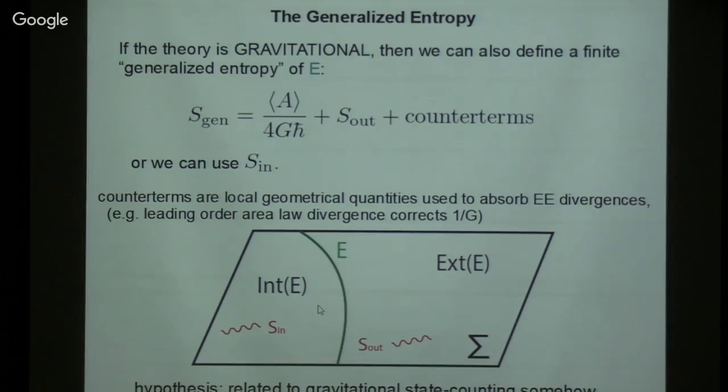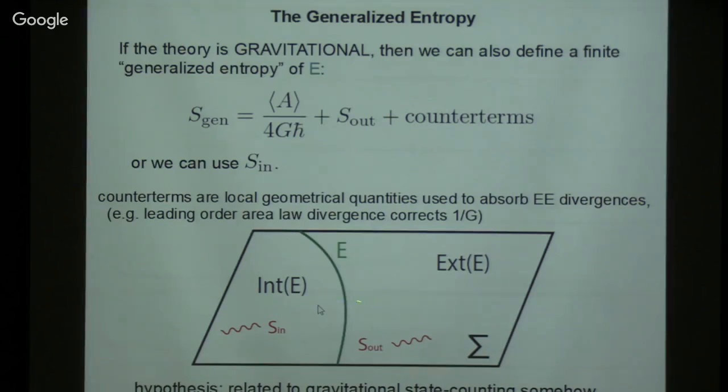So in any quantum field theory, when you analyze the entanglement entropy at one of these surfaces, the leading order divergence always scales like the area. This is an important fact in condensed matter systems as well.